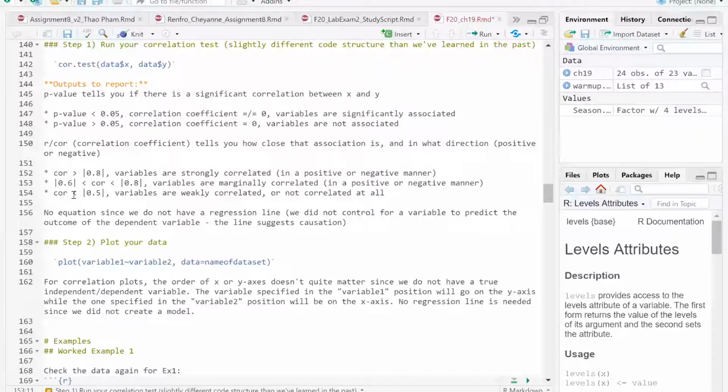If it's somewhere between 0.6 and 0.8, your variables are marginally or somewhat correlated in a positive or negative manner. If the absolute value is less than 0.5, then your variables are weakly correlated. Or if it's very small and your p-value is greater than 0.05, it means your variables aren't correlated at all.